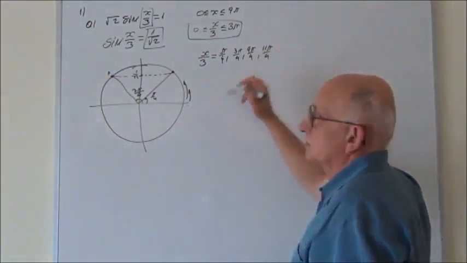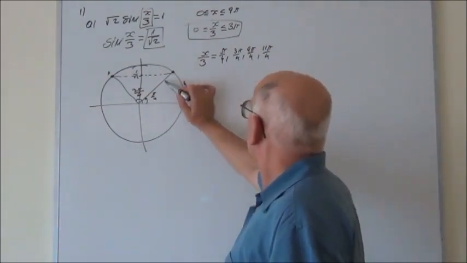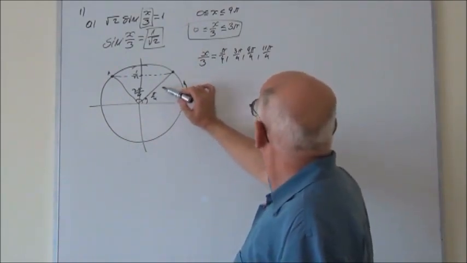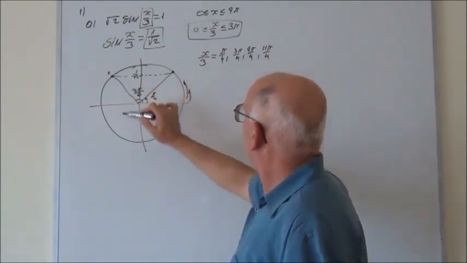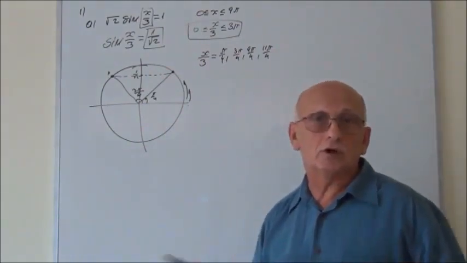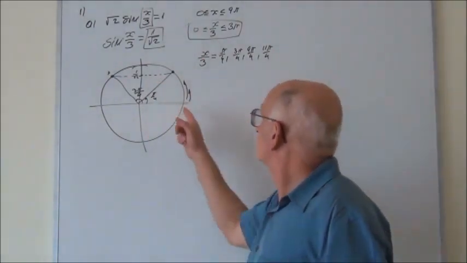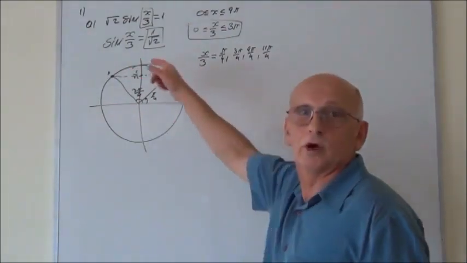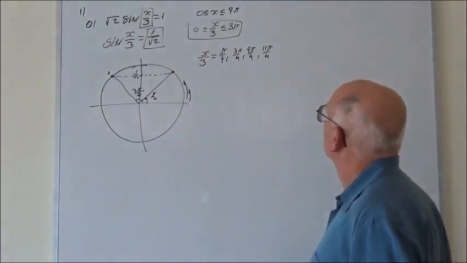Of course, I am just counting how many pi's on 4, but you can simply, on pi on 4, if you add another 2 pi, you will get 9 pi on 4. Or on 3 pi on 4, if you add another 2 pi, then you will get 11 pi on 4. But just to avoid working with fractions, it's not really necessary to calculate. Simply use the symmetry of your unit circle and count 1, 2, 3, 4, 5, 6, 7, and you will get these numbers without any problems.